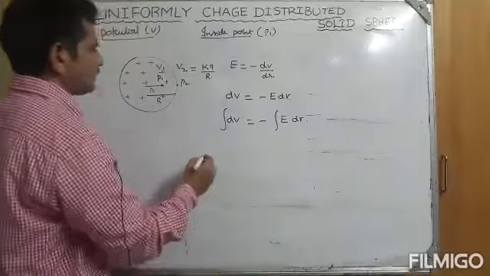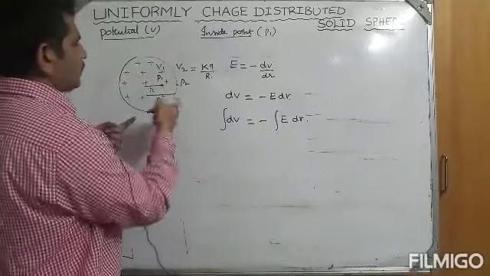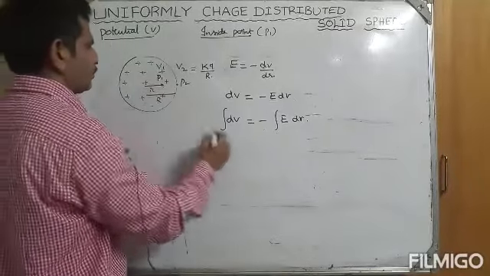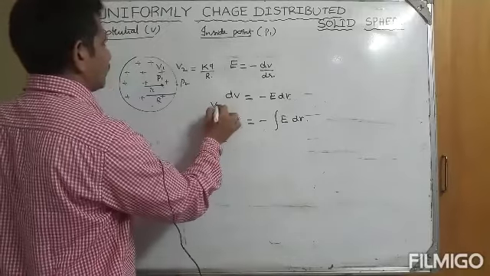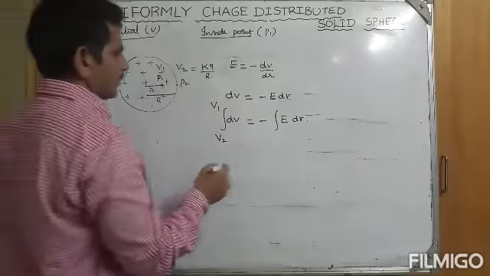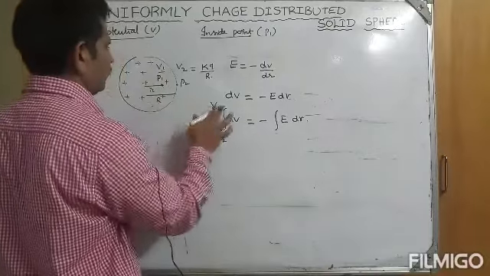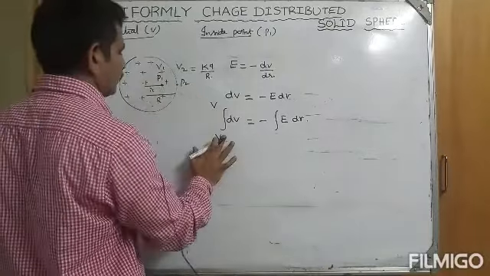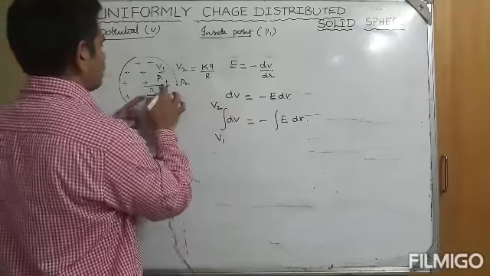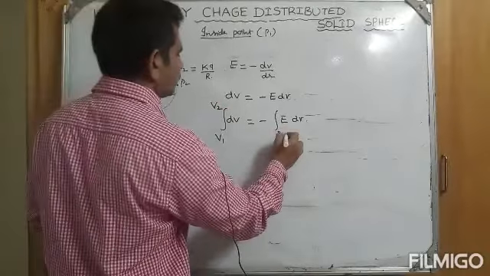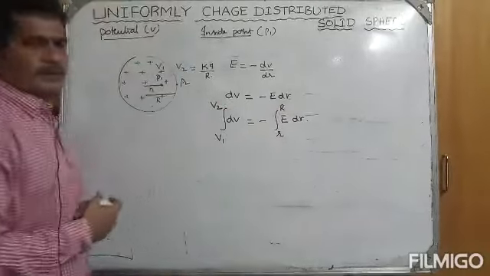Understand? So integration dV is equal to minus integration E dr. From where to where is the potential changing? From V2 to V1, the potential difference between these two. We want to find V1 to V2. So the distance is from small r to capital R. Understand or not?